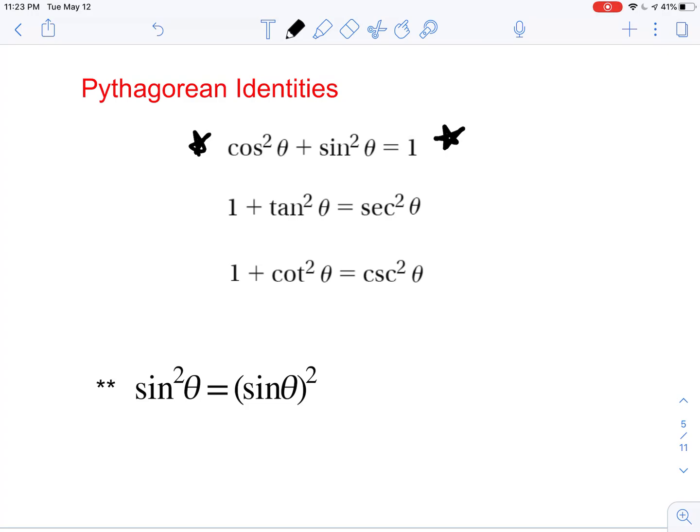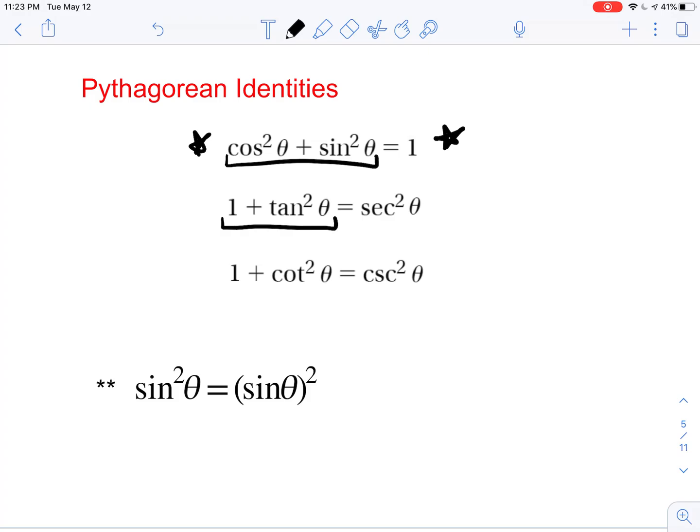I tend to say sine squared plus cosine squared is equal to 1. Again, commutative property says the order doesn't matter. Okay, that is a Pythagorean identity. Now, the other two below it are actually Pythagorean identities that can be derived from that cosine squared plus sine squared equal to 1. Okay, so these are also identities.